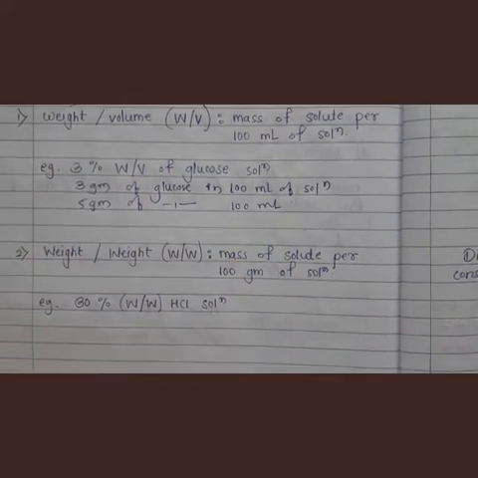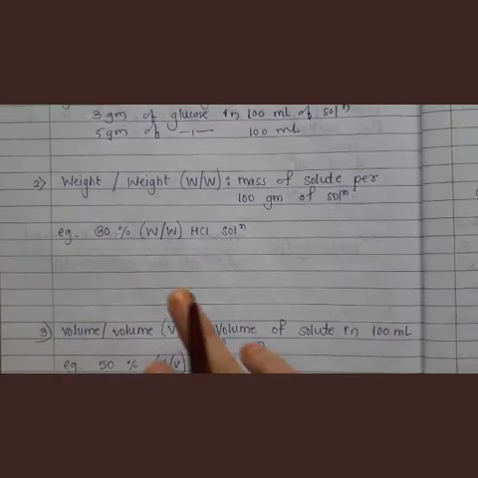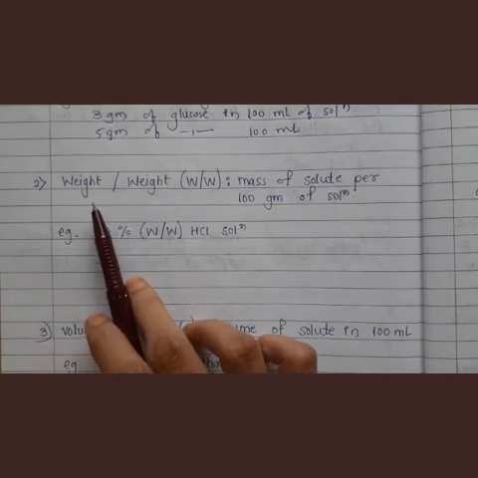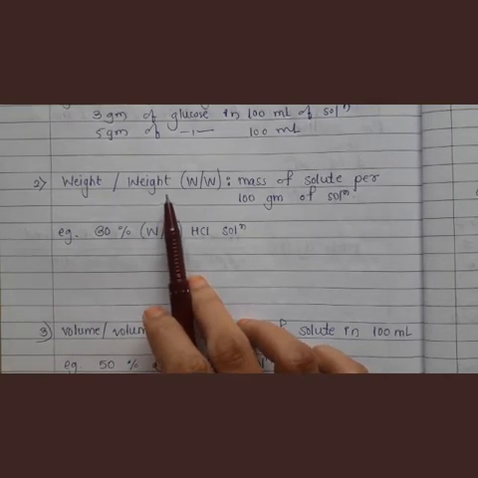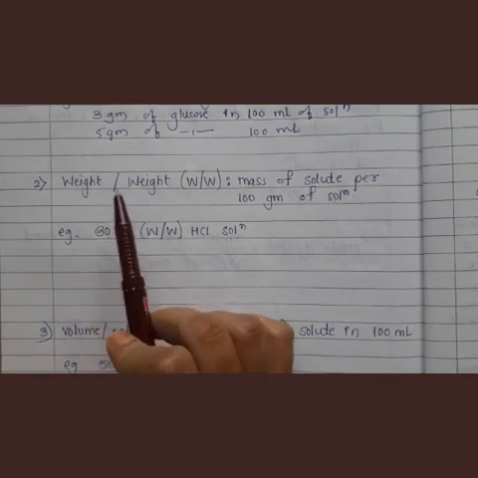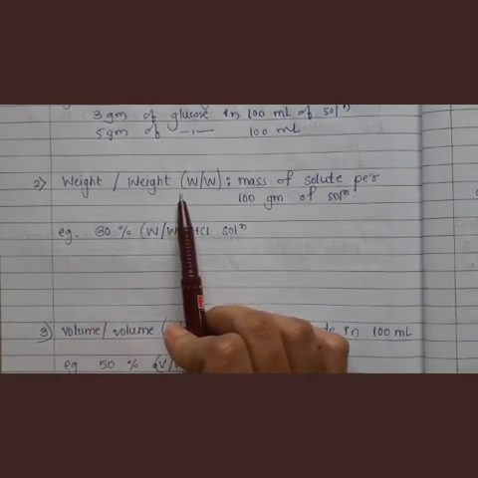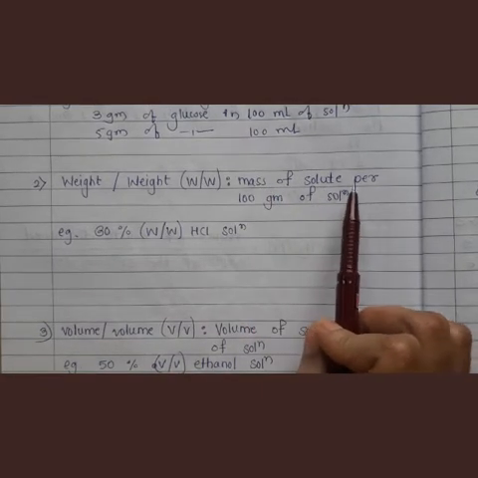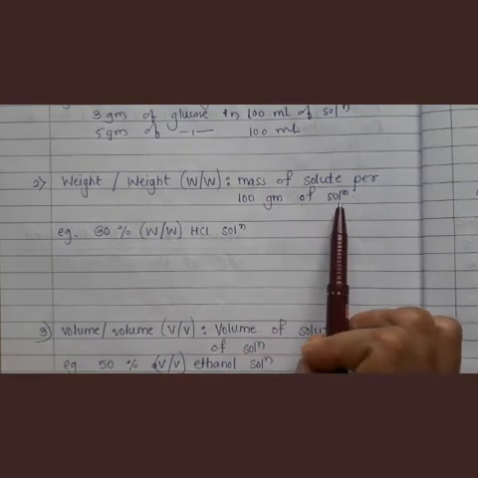Now next is weight by weight. Your weight of solute and weight of solution both are given in grams or kilograms. If weight of solute is given in grams, weight of solution is also given in grams. So it is equal to mass of solute per 100 gram of solution.